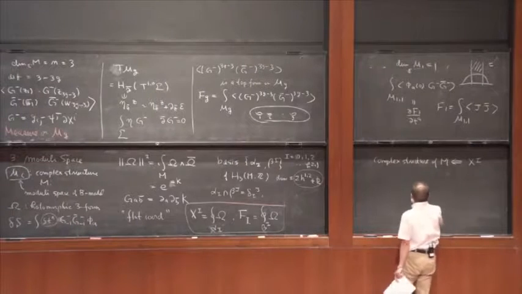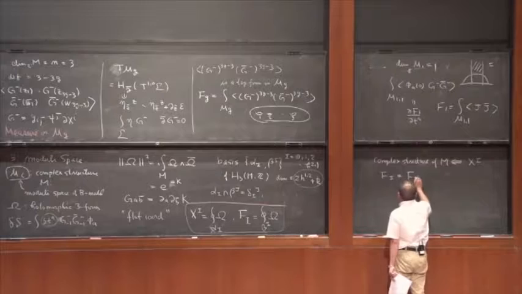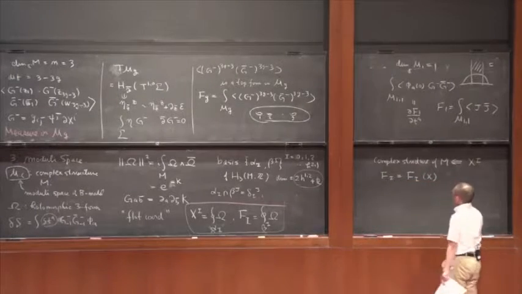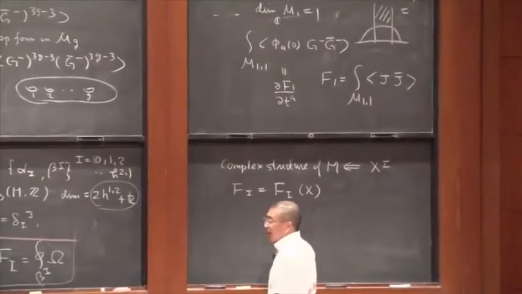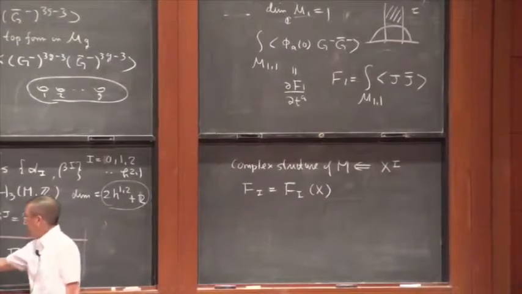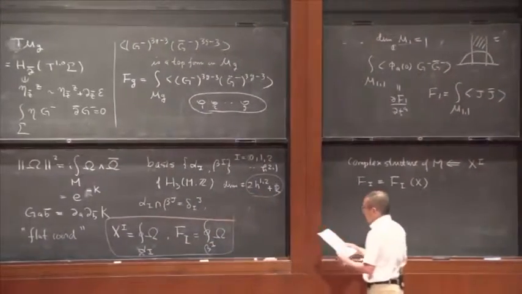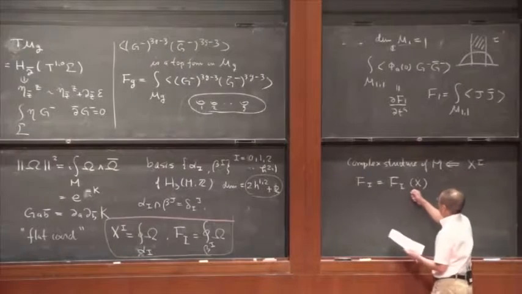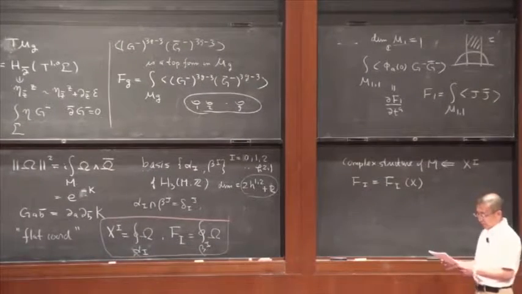So in particular, that means that this Fi is determined by this x. But there are various constraints. For example, if you rescale omega, x and f should scale in the same way. So that means that this f of x should be a homogeneous function of x of degree 1.